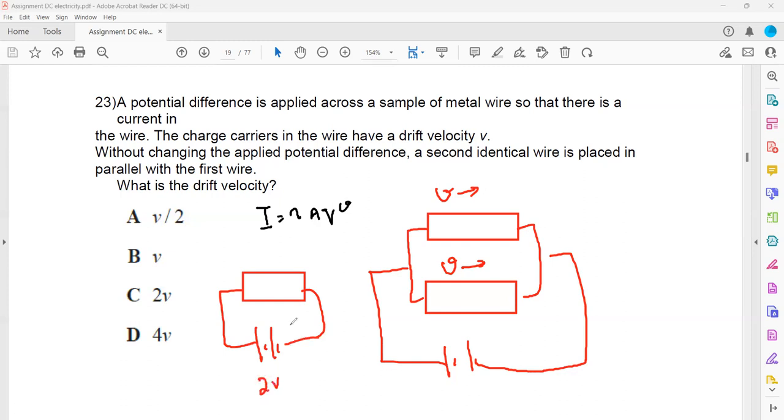So for example, if this is a 2-volt battery, here also 2 volts. So here potential 2, here also potential 2. They have the same area. Area does not change. This is constant, q is constant, and n is the number of charge carriers, that is also constant for metal. So what happened to the current here? The total current in the circuit will be double.